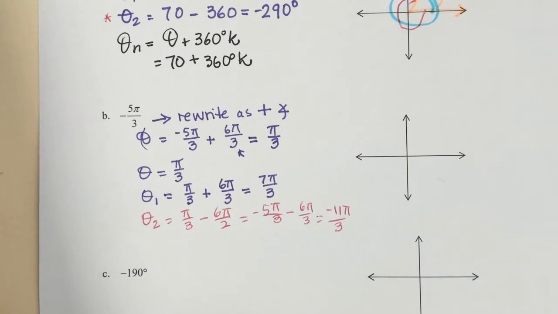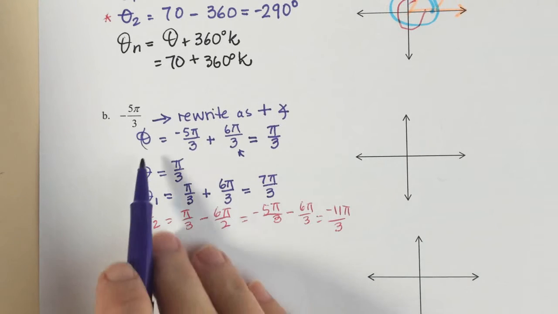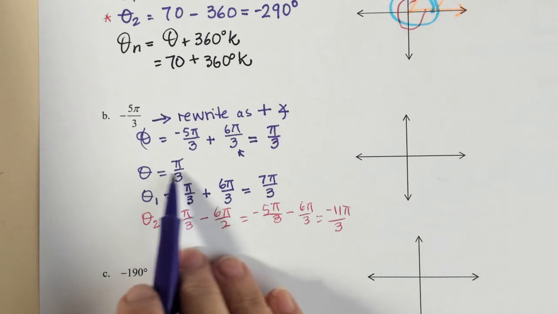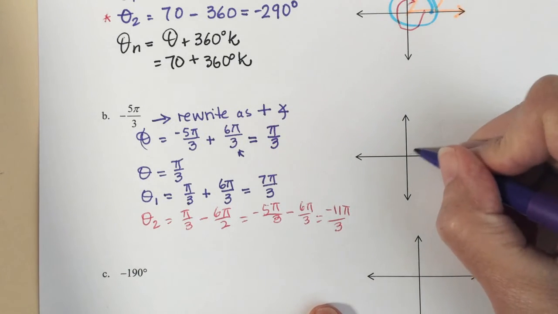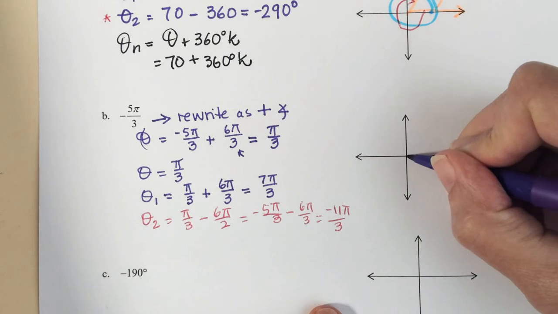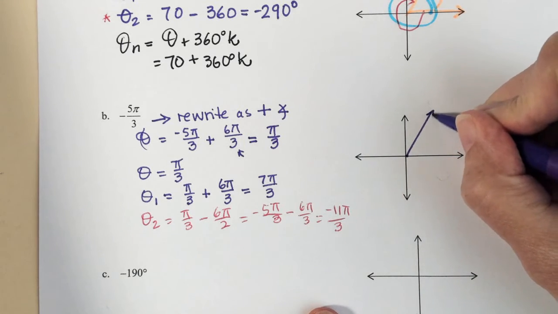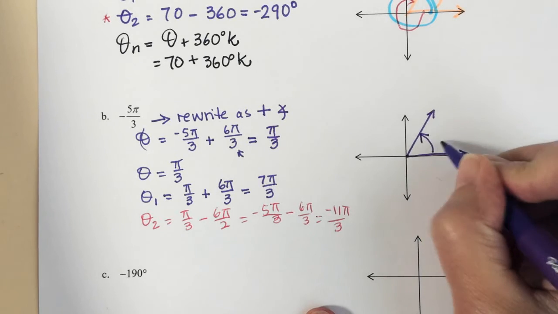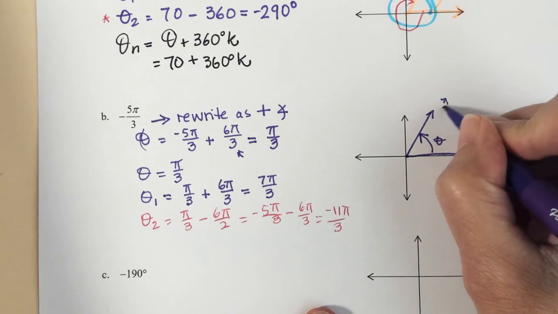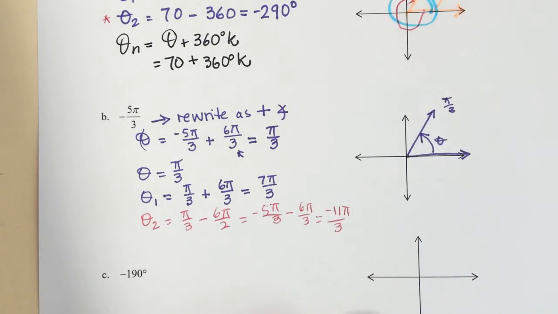So when I do my original, remember I'm working with this one, so it's going to be pi over 3. So this is pi over 4, pi over 3 is a little bit more, so it's going to be like this. So this is my theta, my pi over 3.